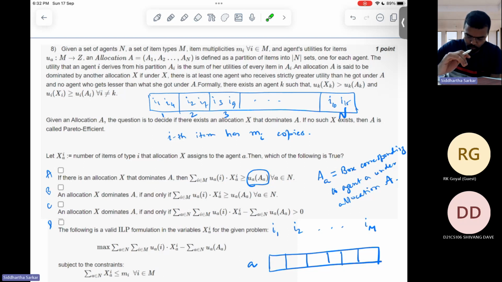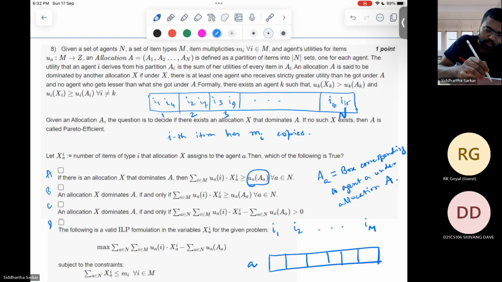So how do I rephrase it? Let me do it in a different way. Let me give you a different example. I'm just making up the example.